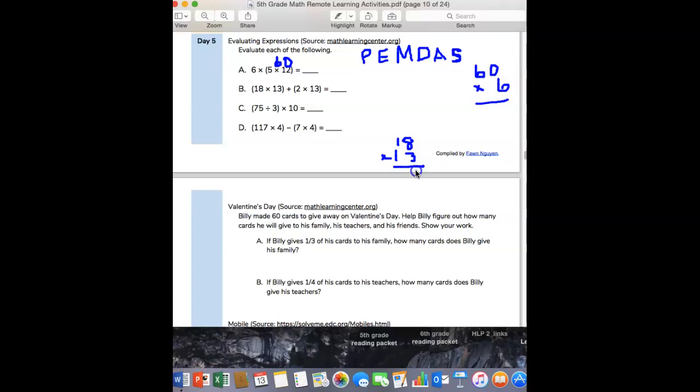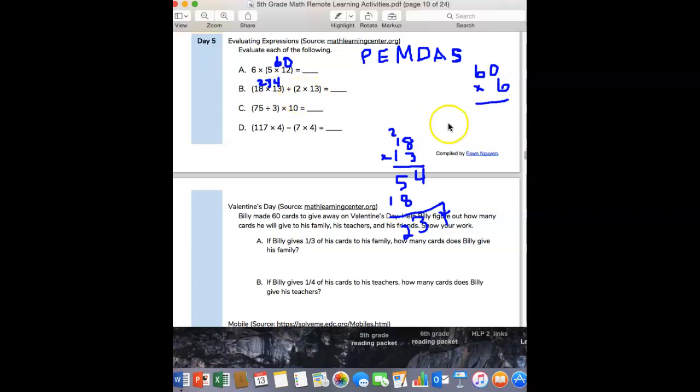3 times 8 is 24. Put down our 4 and carry our 2. 3 times 1 is 3 plus 2 is 5. 1 times 8 is 8. And 1 times 1 is 1. Then we add those, and we get 8 plus 5 is 13. 234. So 234 is this one.